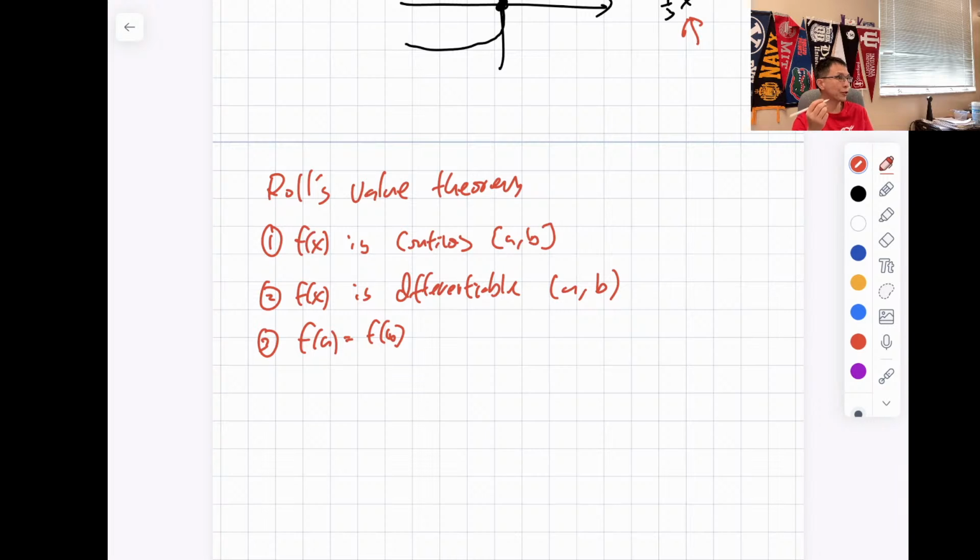So what's the result of Rolle's theorem? Vincent, do you know what the result of Rolle's theorem is? AB Calc tutor, come on. I bet Jordan knows. Jordan, do you know?